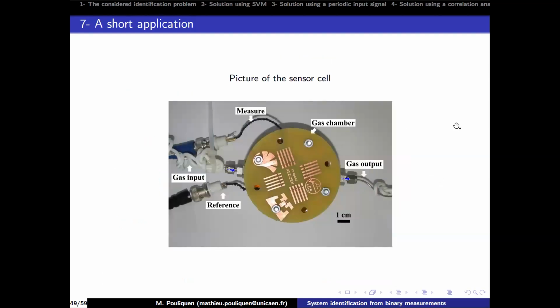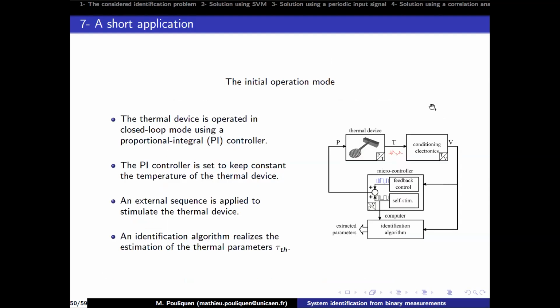A picture in order to see the size of the device. Not very big, and we don't have a lot of computational capacity. Storage is limited. So, the initial operation mode to realize the identification. The first time we tried the identification it was not with binary data. The principle was the following.